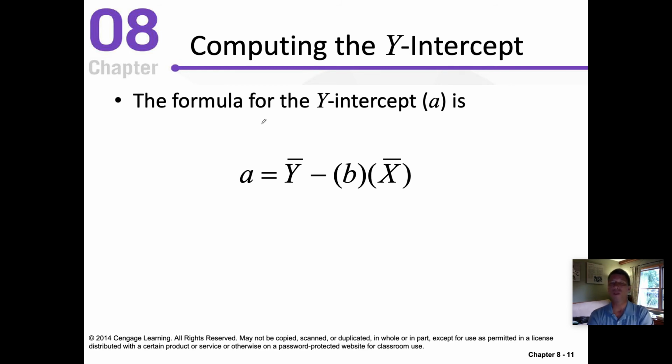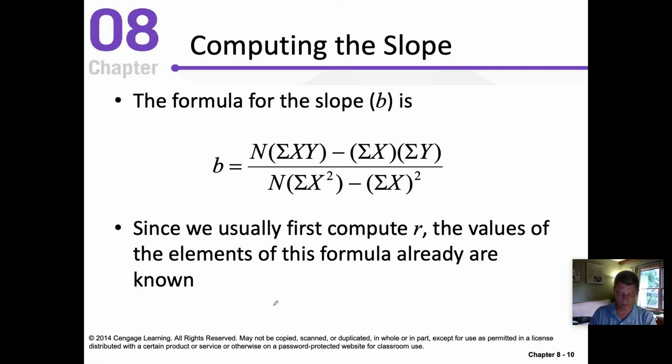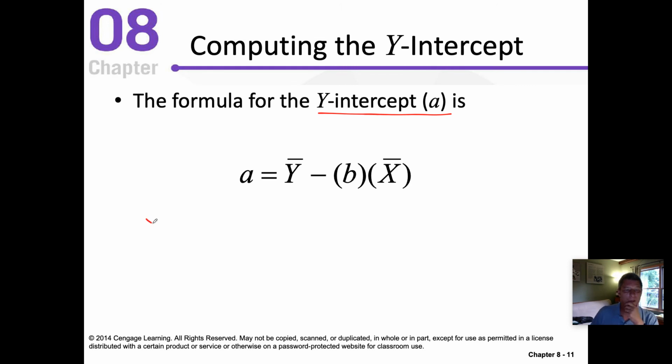All right. So, for example, if we take y equals bx plus a and rearrange it algebraically to calculate the value of the y-intercept, we'll start with this. The average value of y is going to equal b times the average of x plus a. Now, if I want to get a all by itself, what do I do? I subtract bx from both sides. And what does that leave me with?